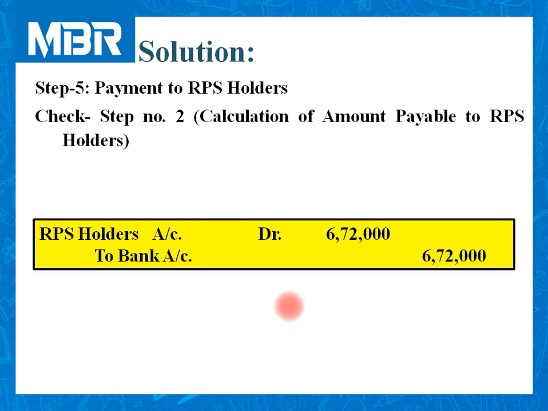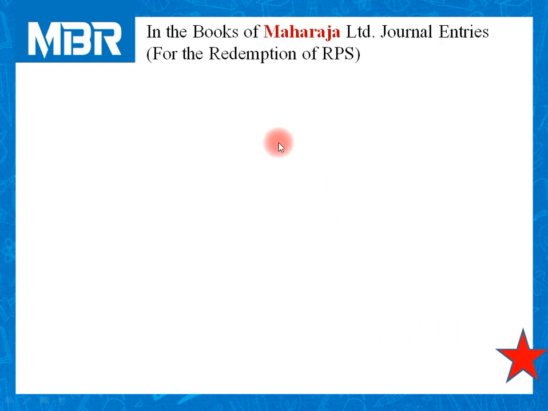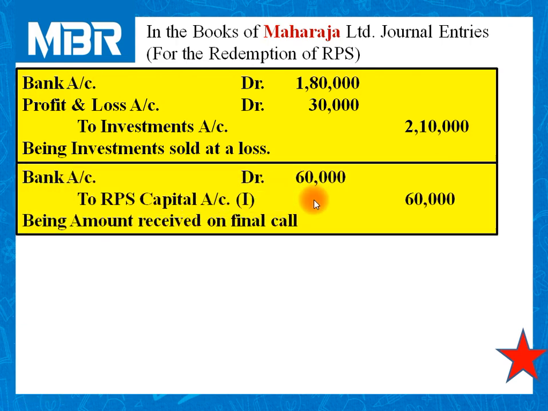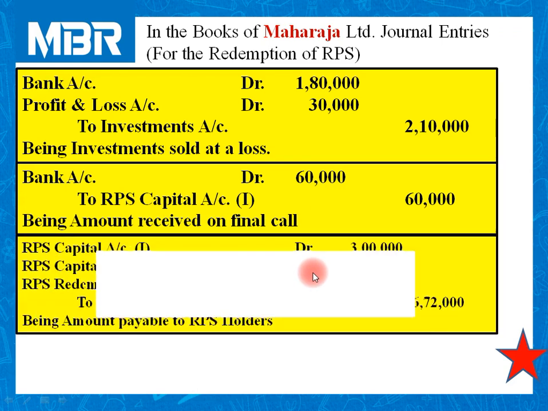In this question, information related to issue of bonus equity share is not given. So we are not supposed to issue the bonus. Let us move towards journal entries in systematic format with narration. First entry for selling the investment at a loss. Second entry for the amount received on final call from RPS 1.